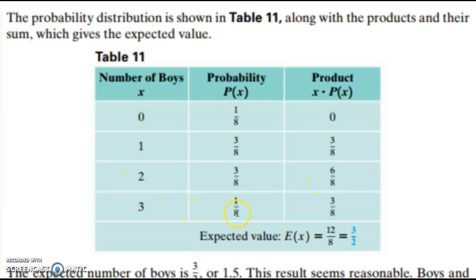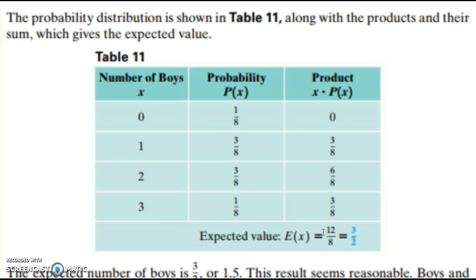And 1/8 times 3 is 3/8. So you find all those products, and then you add them together. So here, if you add all these together, you get 12 over 8, which reduces to 3 over 2, or 1.5. In other words, how many boys would you expect in a family of 3?